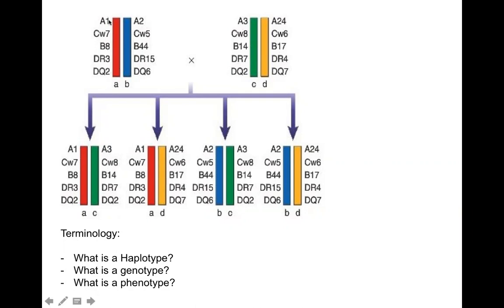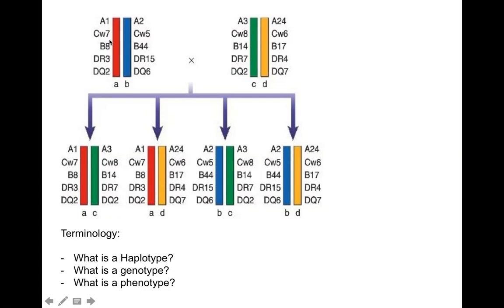Dad's chromosomes are represented by the red strip, A, and the blue strip, B. And mom's are represented by the green strip, C, and the yellow strip, D. So a pair of chromosomes for dad, a pair of chromosomes for mom. On here you have the HLA alleles that are on each chromosome.